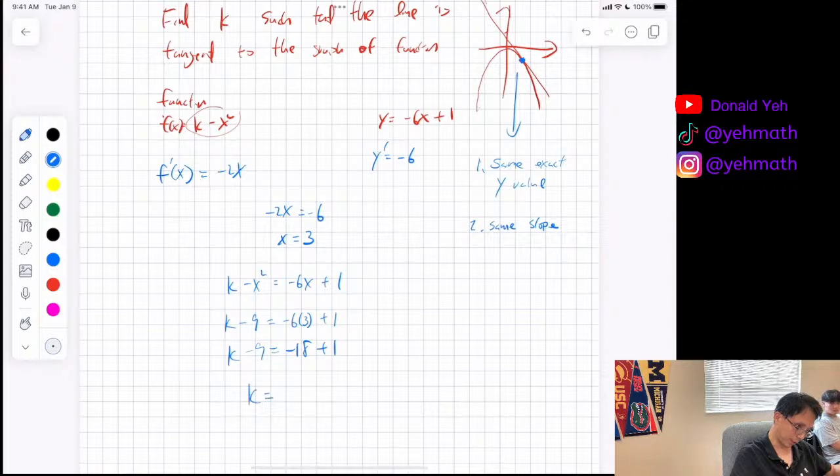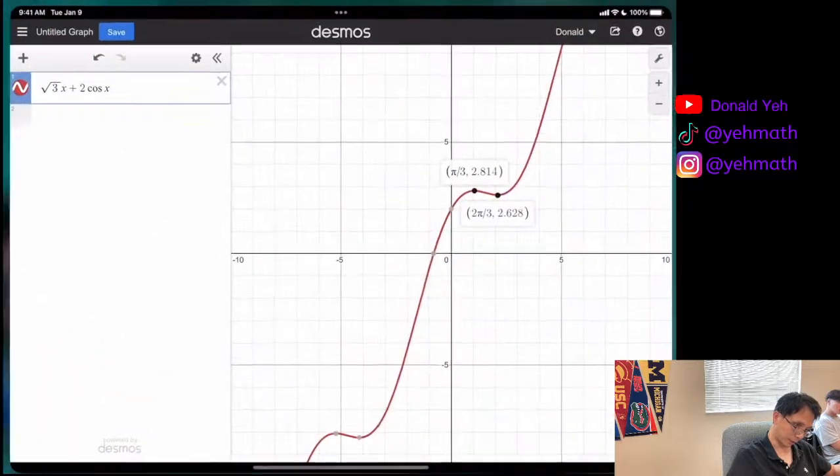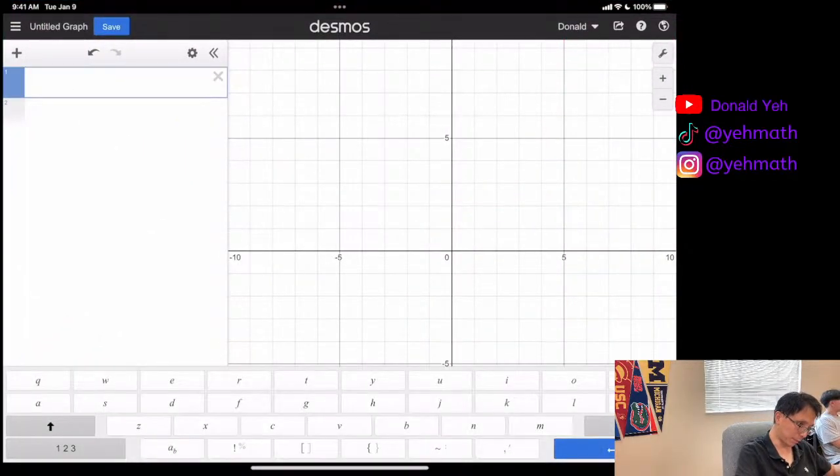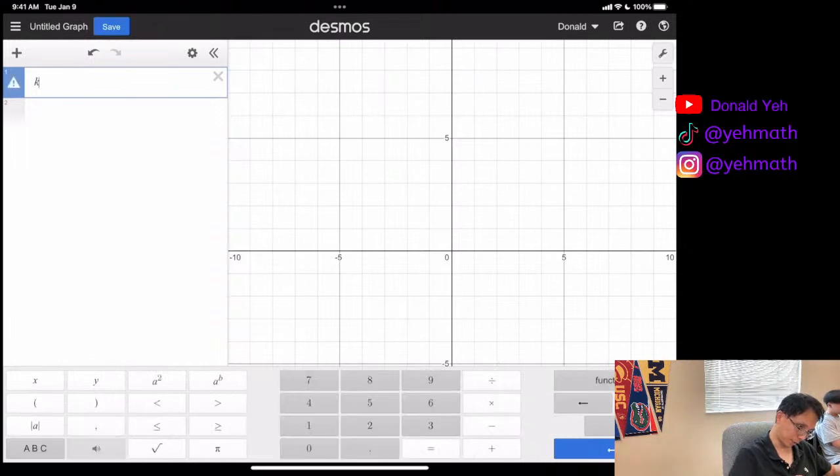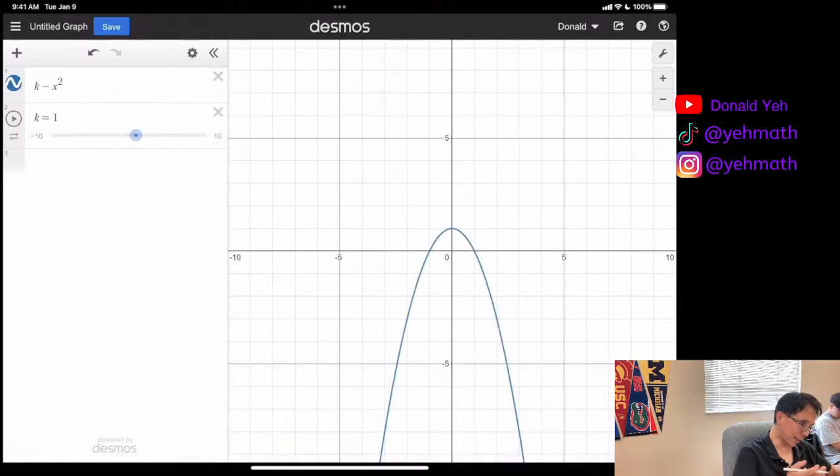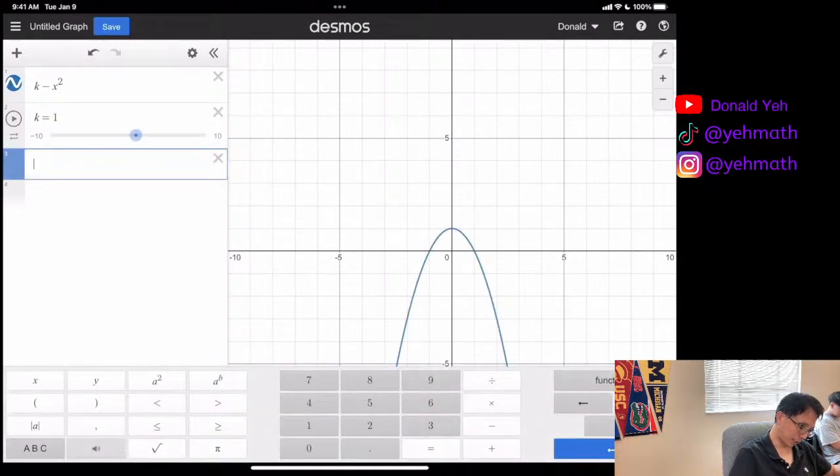So k is equal to what? -8? Okay, now let's go check the graph. k minus what? k minus x squared. And then what's the other one? y equal to what? -6x plus 1?